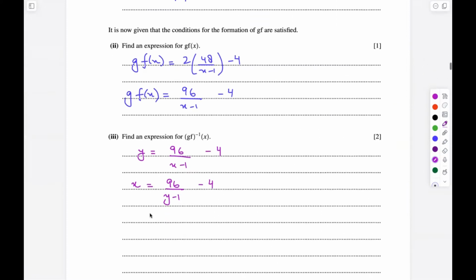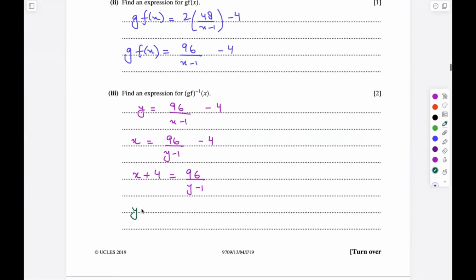So taking 4 on the other side, this will become x plus 4 is equal to 96 upon y minus 1. Cross multiplying, we can write y minus 1 is equal to 96 upon x plus 4. And finally, taking 1 on the left hand side, y is equal to 96.